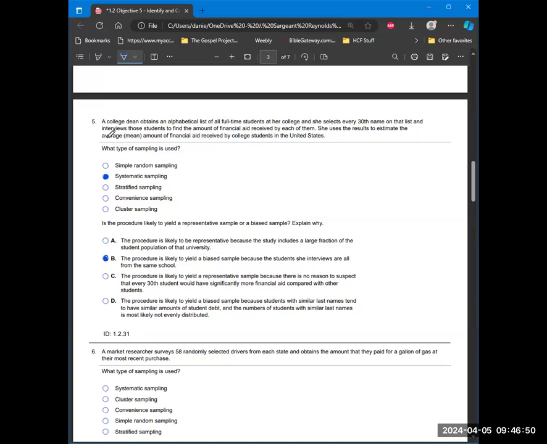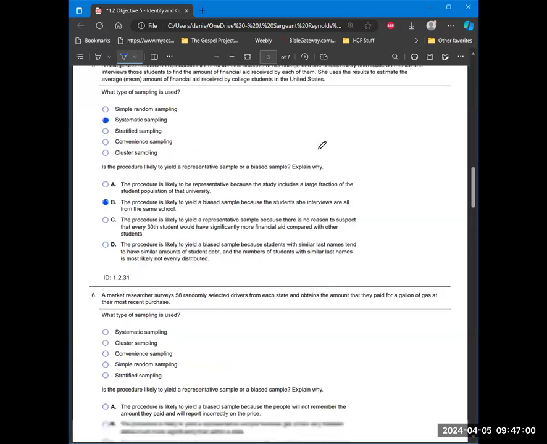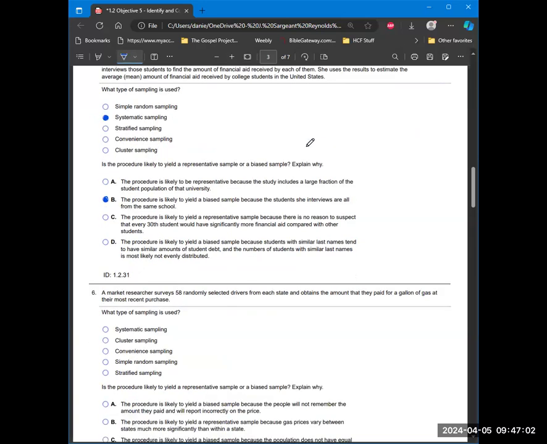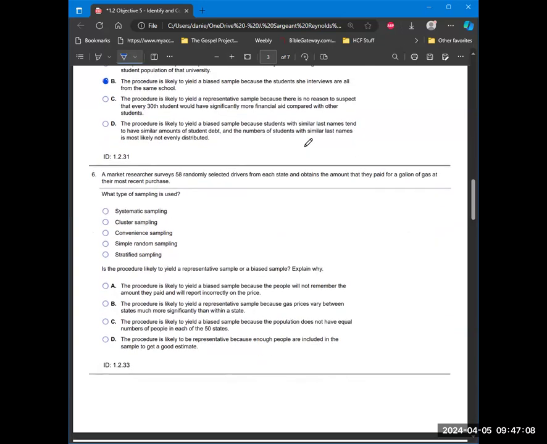They're trying to make a statement about the average amount of financial aid received by college students in the United States. And picking just the students from your one school is not going to be representative of all college students at all schools in the country.